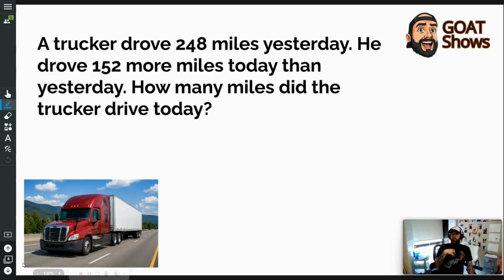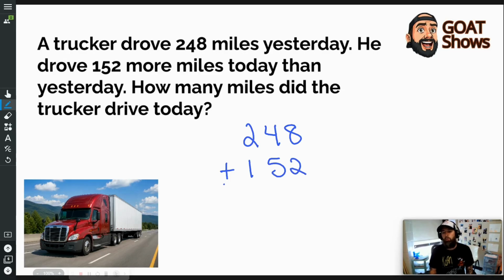Today is 152 more, and we care about today. So I know this is addition because I have 248, and I'm going to add to that 152. So I'm going to set up 248, and I'm going to add 152, and that gives me how many he drives today. So let's add these up.